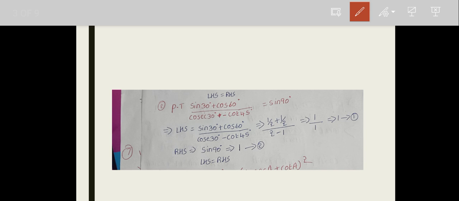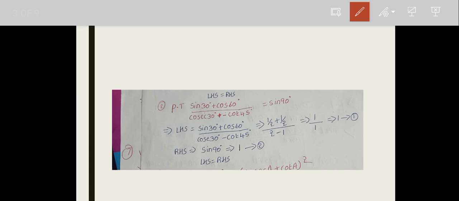Prove that sin 30 degrees plus cos 60 degrees divided by cosec 30 degrees minus cot 45 degrees equals sin 90. We take the LHS part. We already know the sin 30 degree value is 1 by 2 plus the cos 60 degree value is 1 by 2. Then what is the cosecant 30 value?